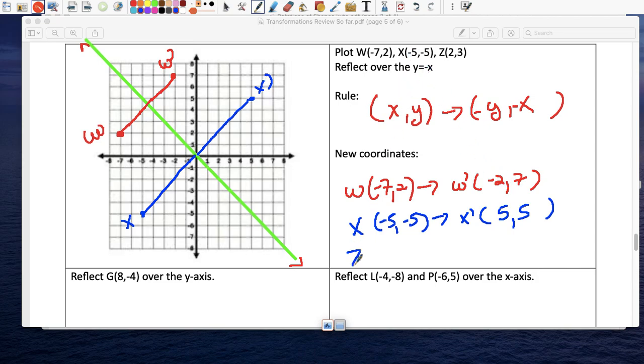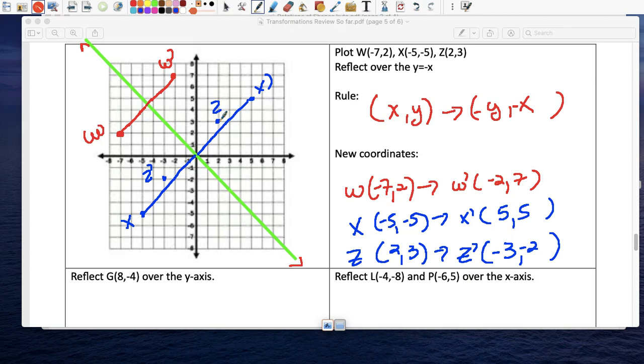Last one is z. Z is 2 and 3. It's going to become z prime, and we're going to switch them, and we're going to negate both of them. So the 3 was positive, now it's negative. The 2 was positive, now it's negative. So z, which is 2 and 3, is right here, and z prime is going to be -3, -2 right here.